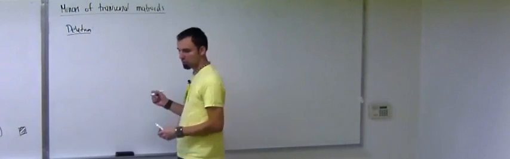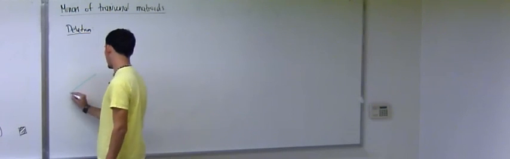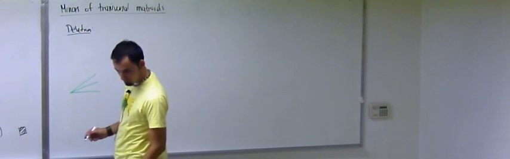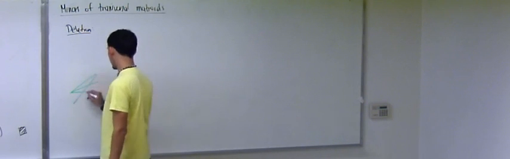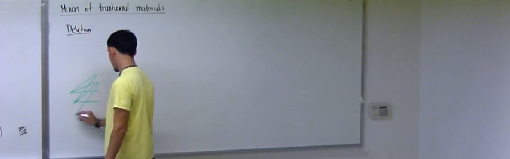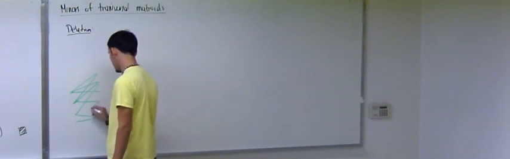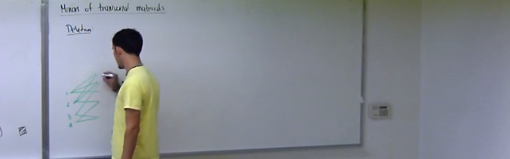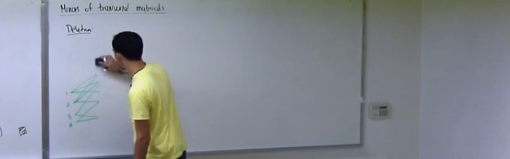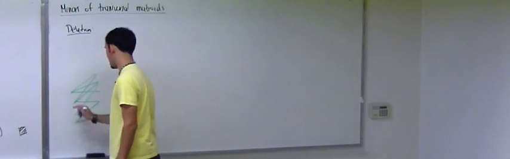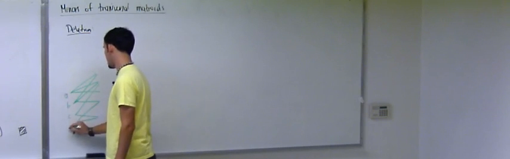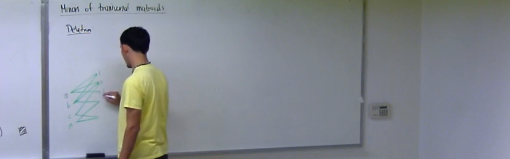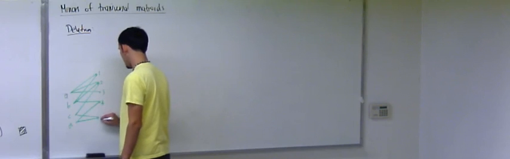So remember, a transversal matroid is described by some bipartite graph. I can just draw anything. We number these 1, 2, 3, 4, and these A, B, C, D. Actually, I want to do it the other way: A, B, C, D, and 1, 2, 3, 4, 5.